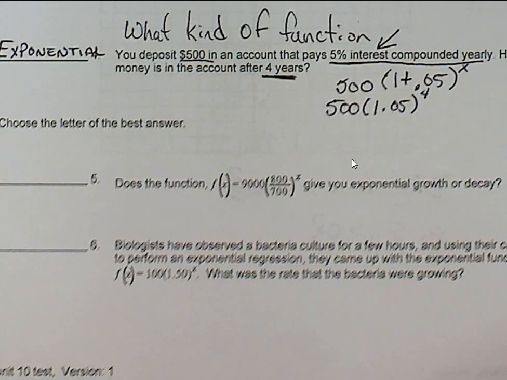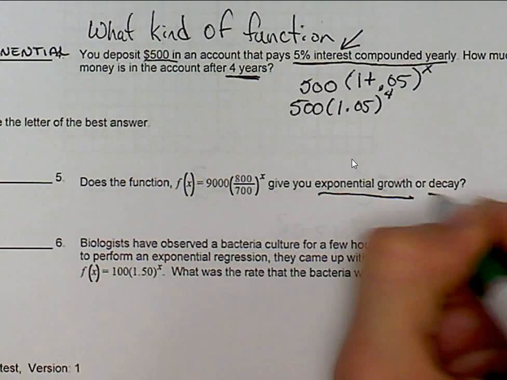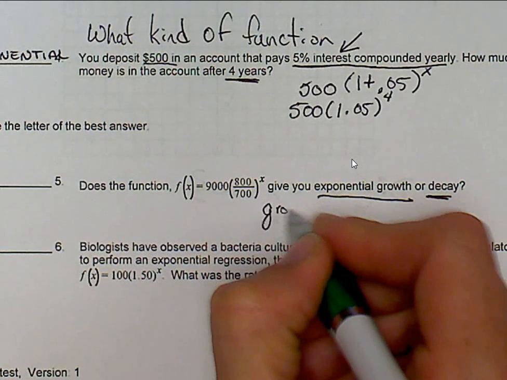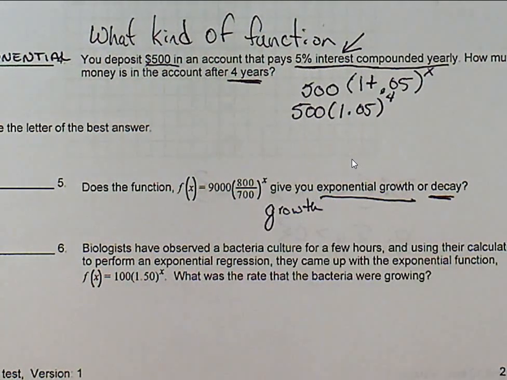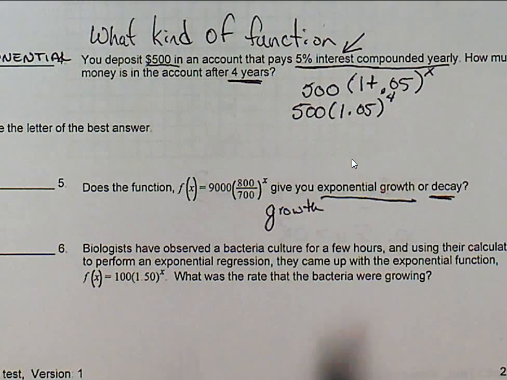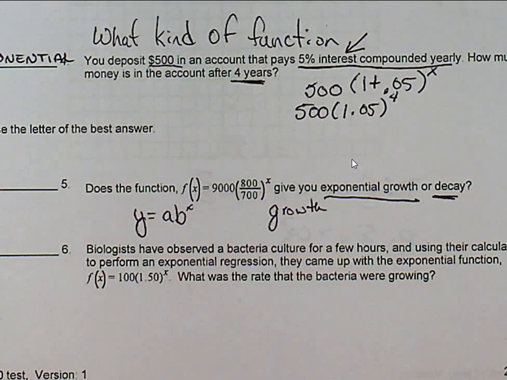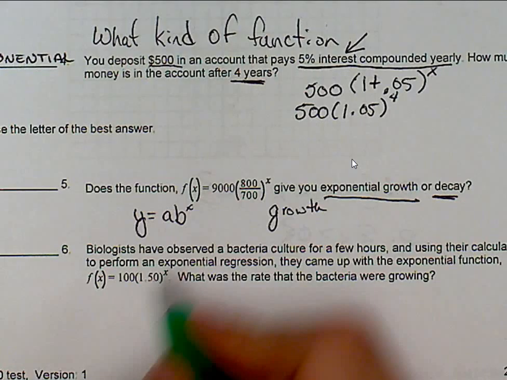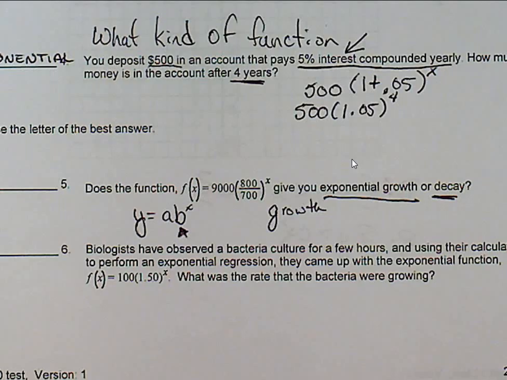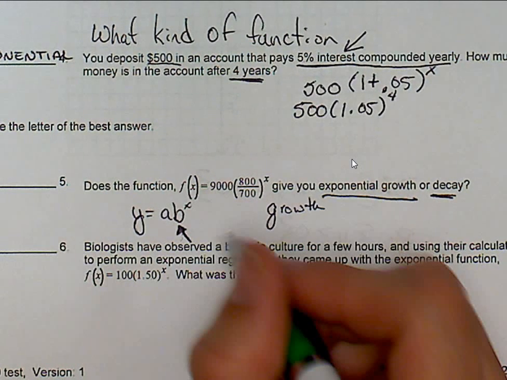Number 5, it wants to know whether it's growth or decay. What has to happen with growth? Okay, here's my function. Y equals a b to the x, right? What do we know about growth in this b value?